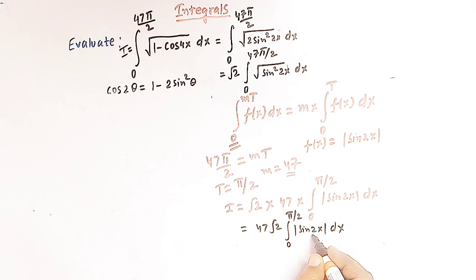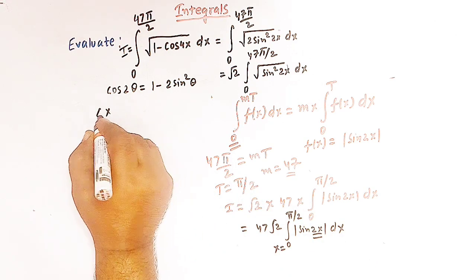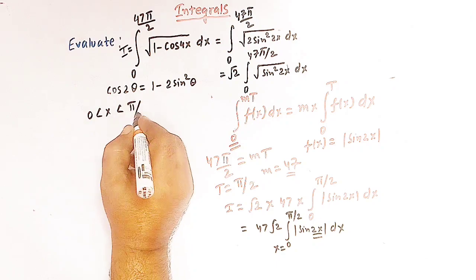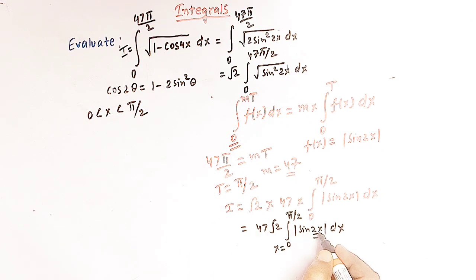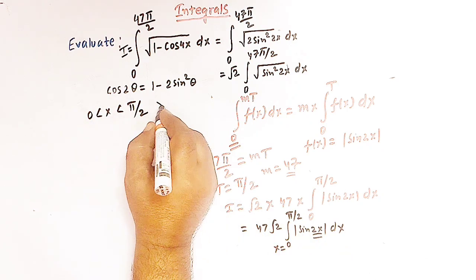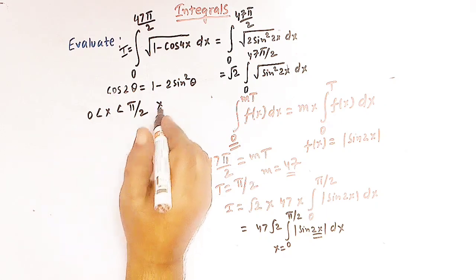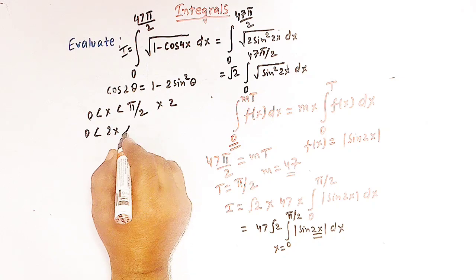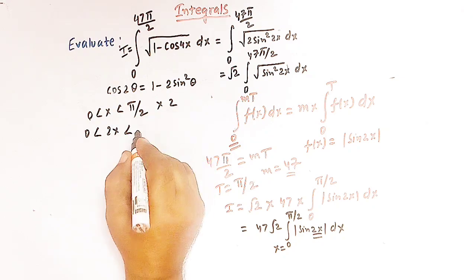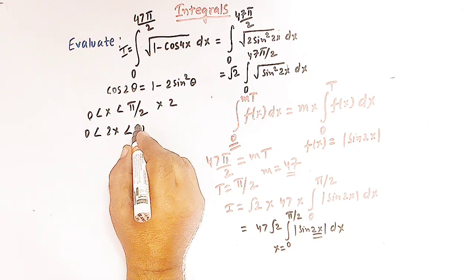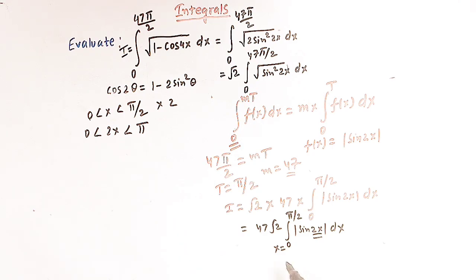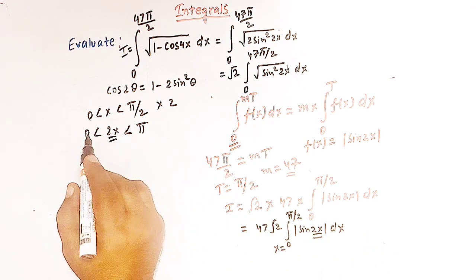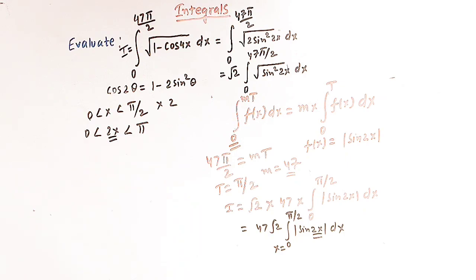Now see, the value of x varies from 0 to pi by 2, and here we have sine of 2x. So if we multiply this inequality throughout by 2, we get 0 to 2x, and the 2 and 2 get cancelled, so we are left with only pi. So when x varies from 0 to pi by 2, then 2x varies from 0 to pi.